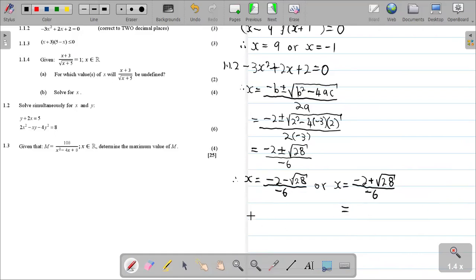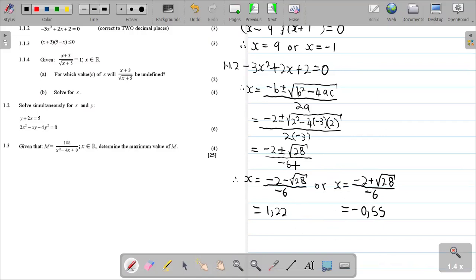So you use a calculator here. Second. So this gives us 1.22, or x equals negative 0.55. Okay, so these are the two answers here.